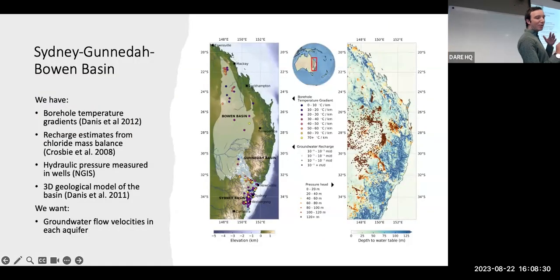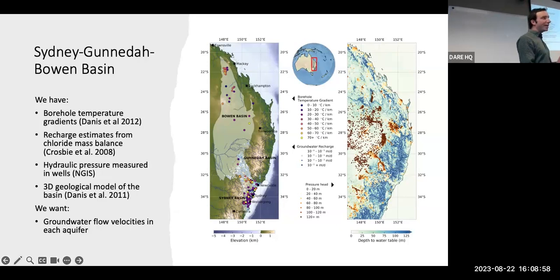So this is our study area. The opaque regions indicate the extent of our numerical model. We have a whole bunch of different data that we can throw at this problem to constrain groundwater flow velocities in the aquifers. We have borehole temperature data, recharge estimates from the chloride mass balance method, and hydraulic pressure measured in wells at various sites throughout this basin.